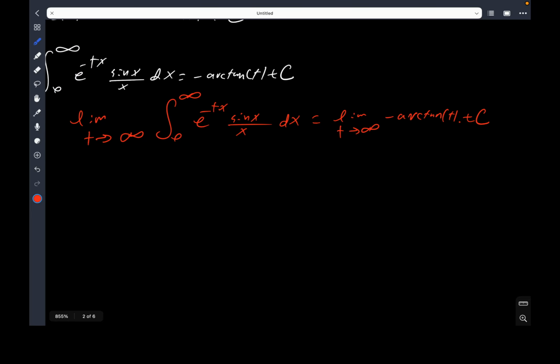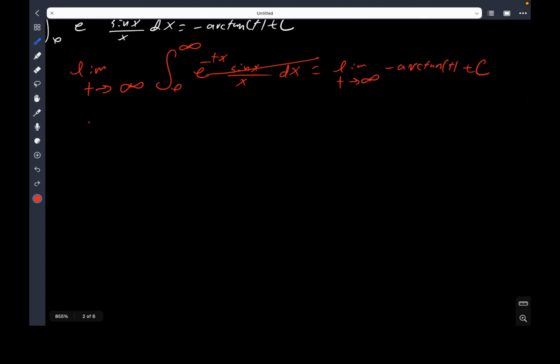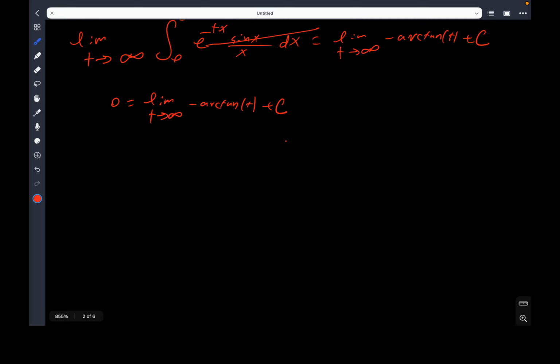So this decays, which means that this integral is going to go down to 0, because the definite integral of 0 is 0. And I'm going to be left with the limit as t approaches infinity of negative arctan of t plus c. So arctan, if you see the graph, it will look like something like this.